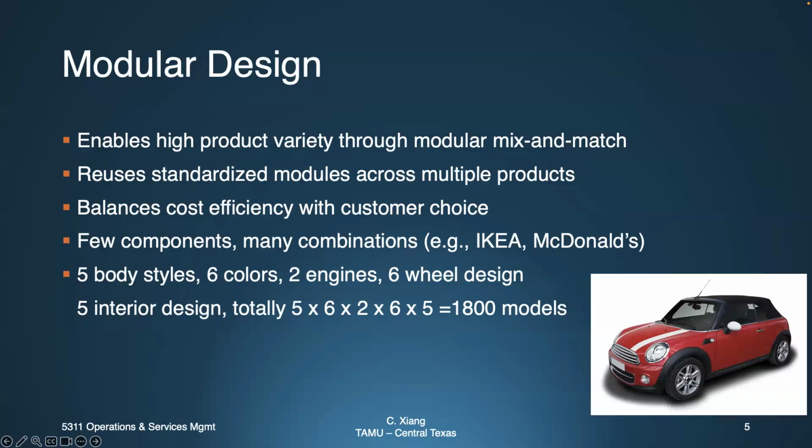Smartphones and tablets, by contrast, are highly integrated products with very limited modularity. So the key takeaway is that different products and different customer requirements call for different degrees of modularity. From an operations perspective, modular design is a powerful tool for delivering customization efficiently. But it is not always feasible or desirable for every product or every feature.